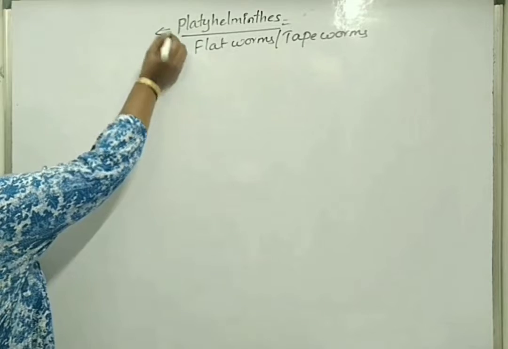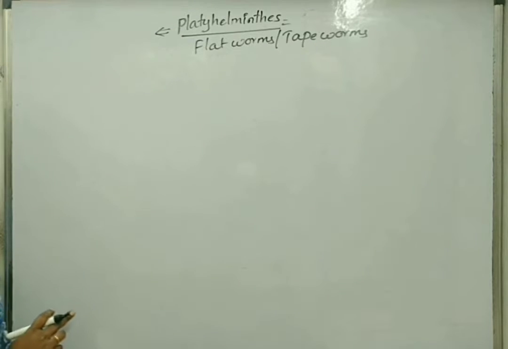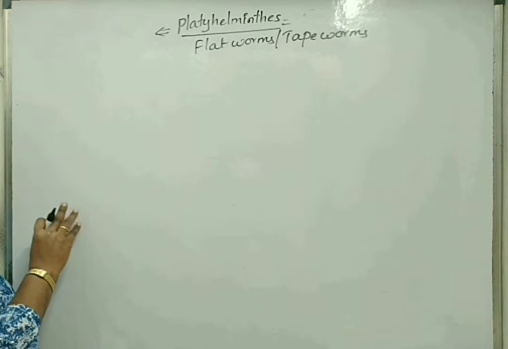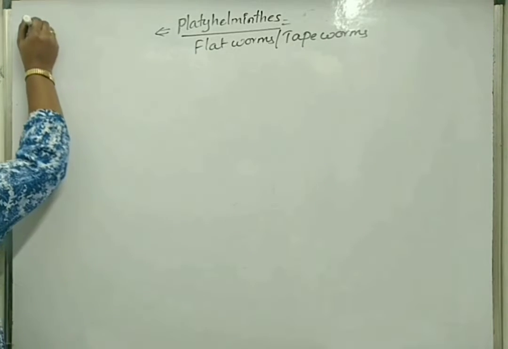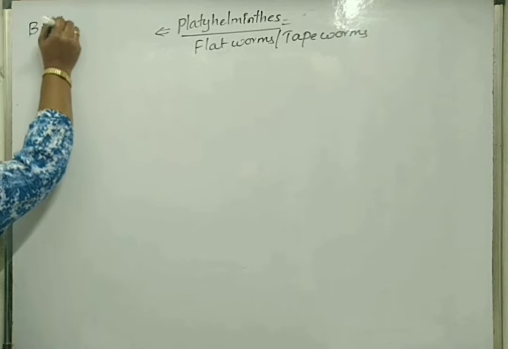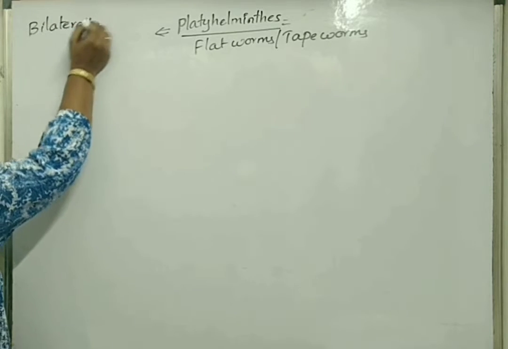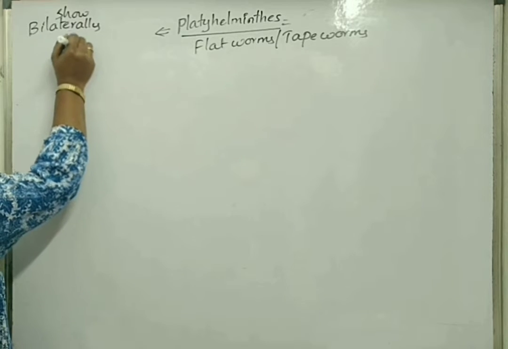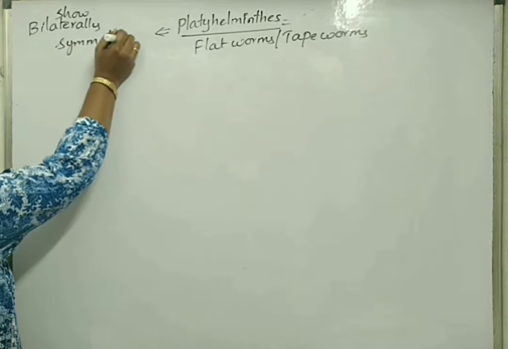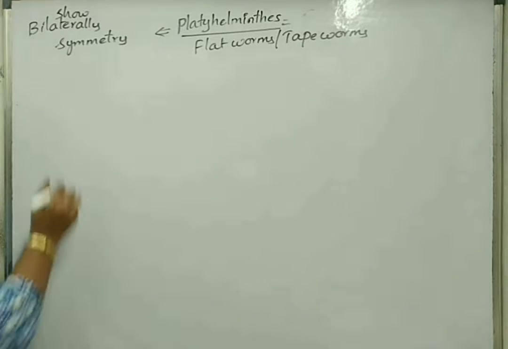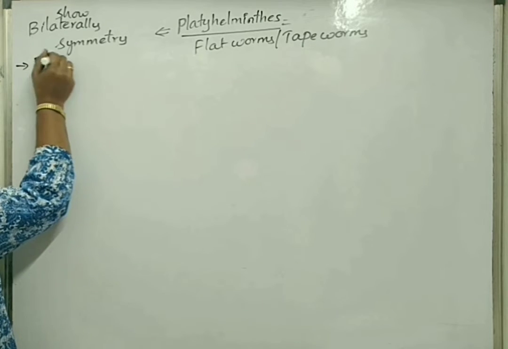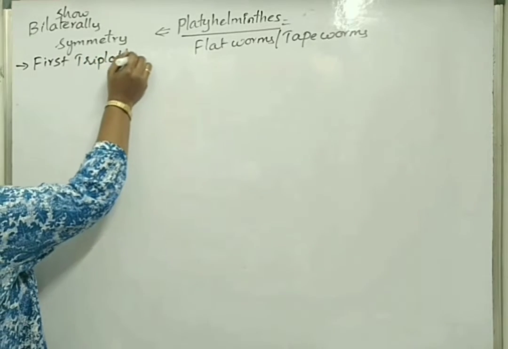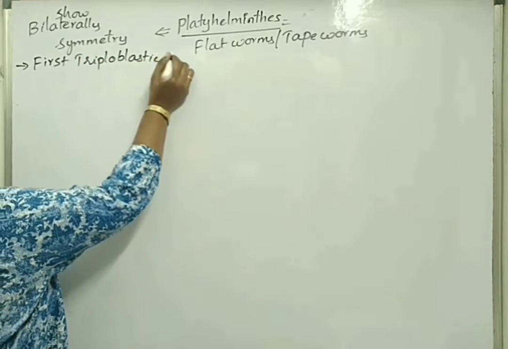Now, these platyhelminthic organisms are bilaterally symmetrical, and bilateral symmetry is first seen in Platyhelminthes. Next, they are the first triploblastic organisms.